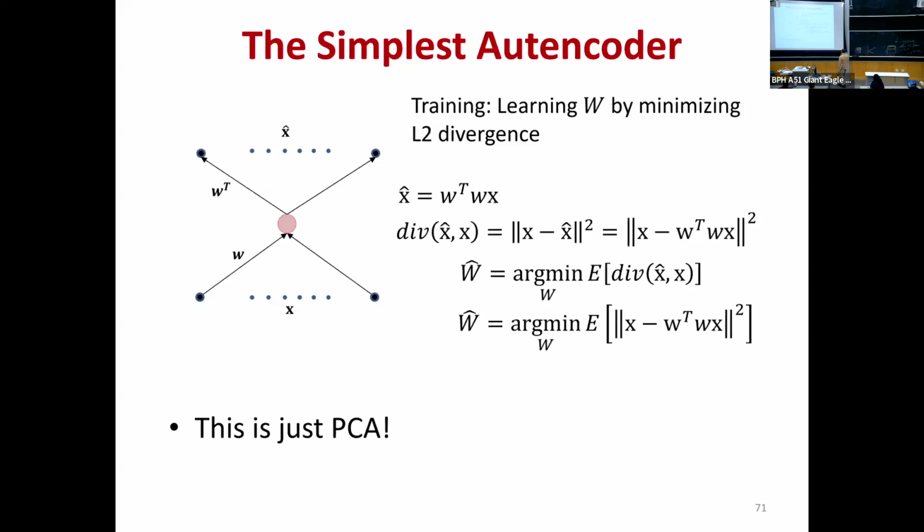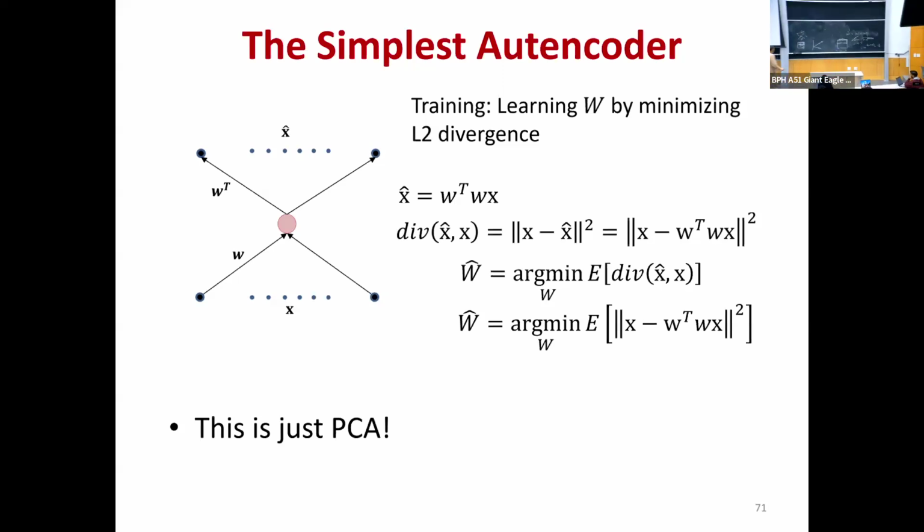And so for any input X put through this network, I get some Z, and then this is Z times W, right? Z is going to be a scalar. What does Z times W look like? What will Z times W look like?